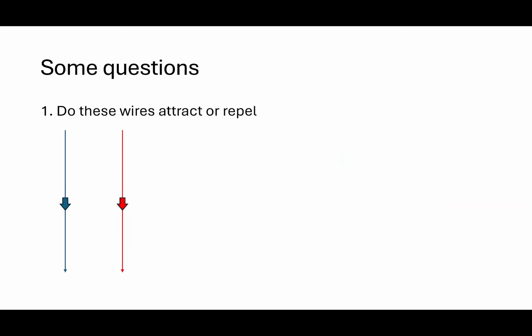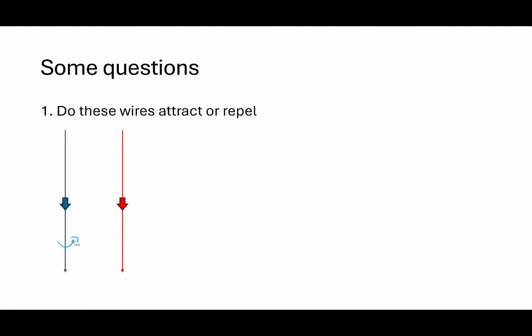Now, do these wires attract or repel? Surely this one's much easier now that we know the working out behind it. Yeah, they attract. So I'll just quickly do the working out.